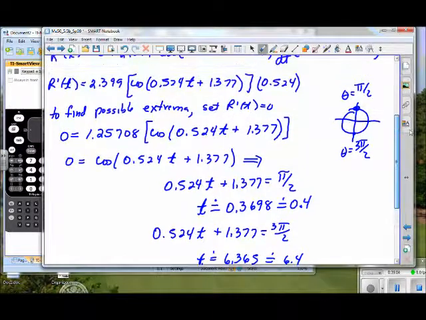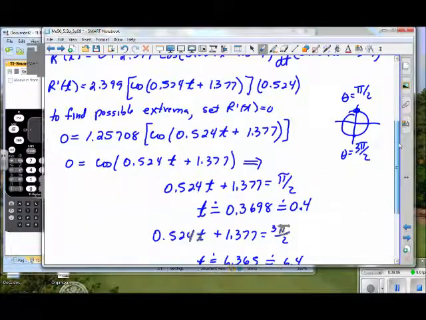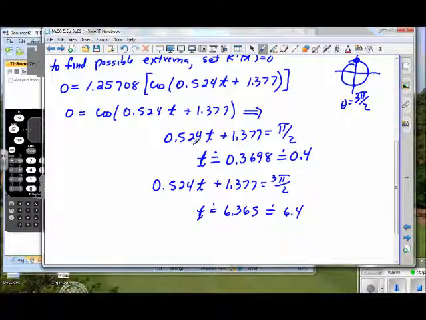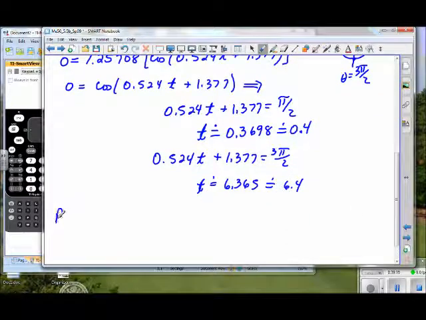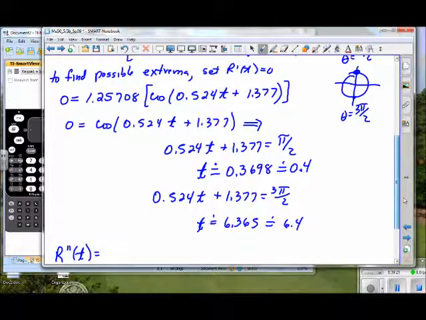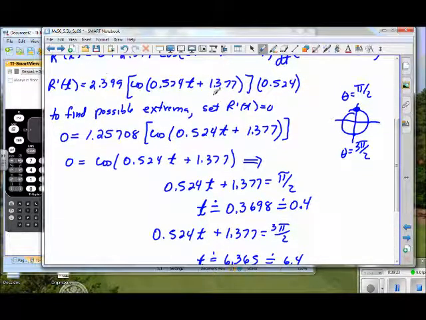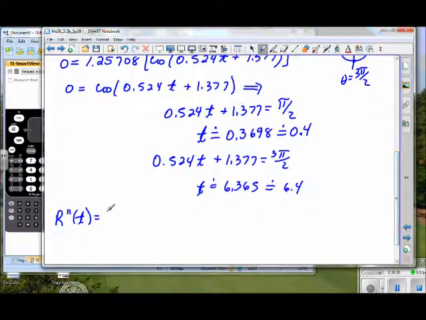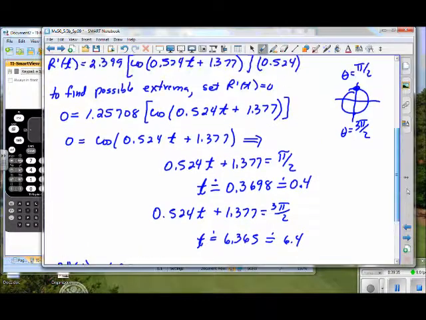Now, the problem was to determine the extrema, and these are possible extrema, so in order to determine if they in fact truly are extrema, we're going to find the second derivative of our function. So we go back up here to the first derivative, and if we multiply those together, we have 1.25708. And then we need the derivative of cosine.